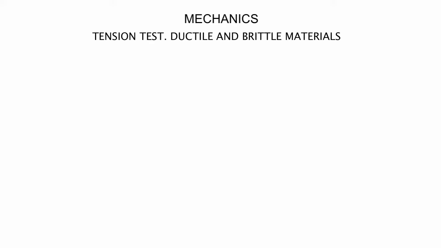Hello again. In this video lecture we will learn how to determine the material properties through a very simple laboratory test. This test is known as the tension test, which, as I said, is commonly used in the laboratory to determine the mechanical properties of various materials.